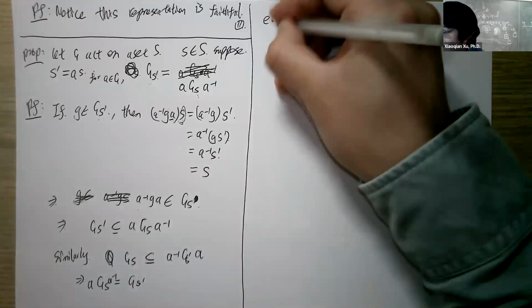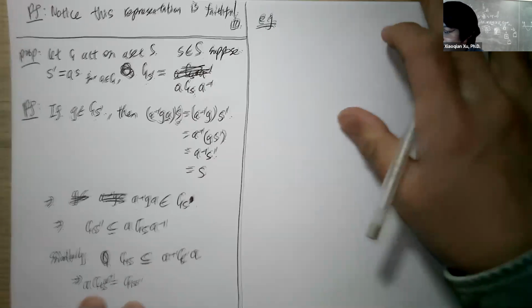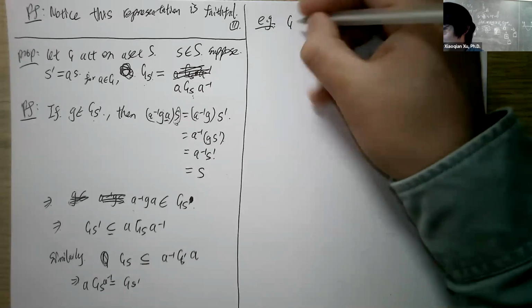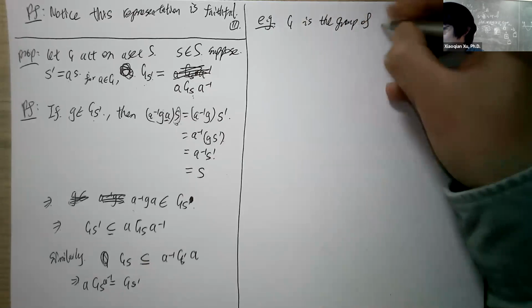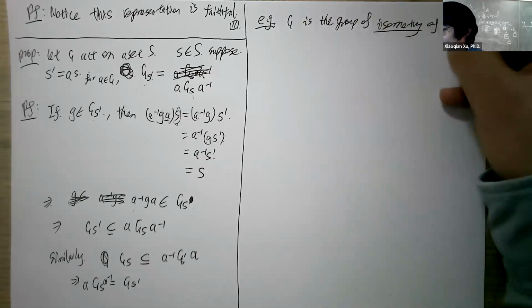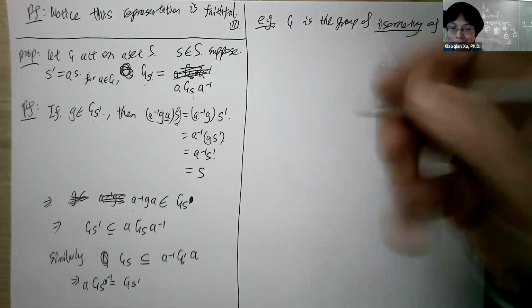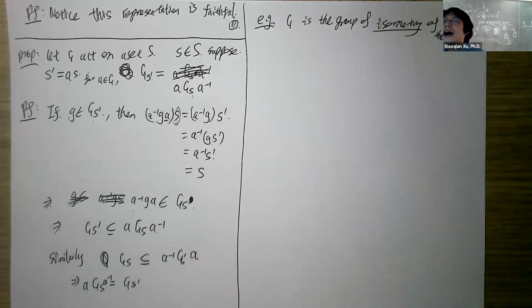And let me give you an example. For instance, G is a group of isometry of the plane R2. What is the meaning of isometry?